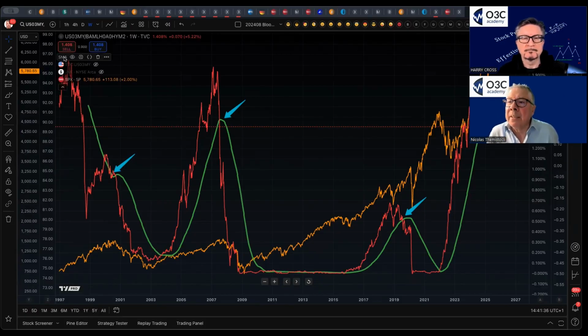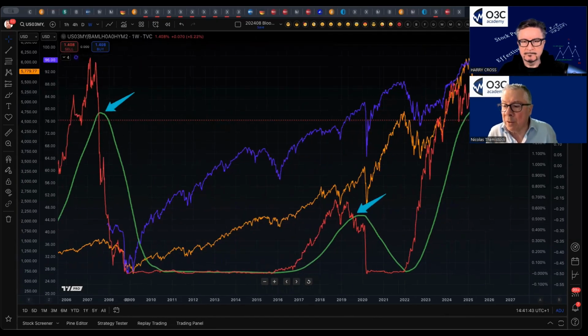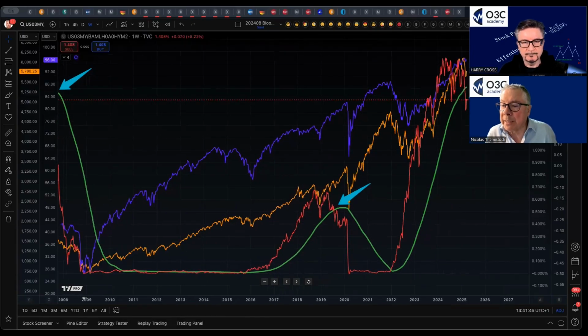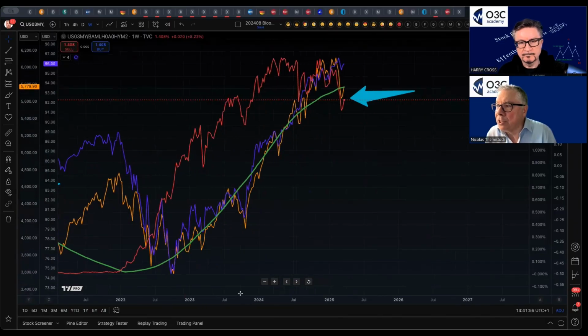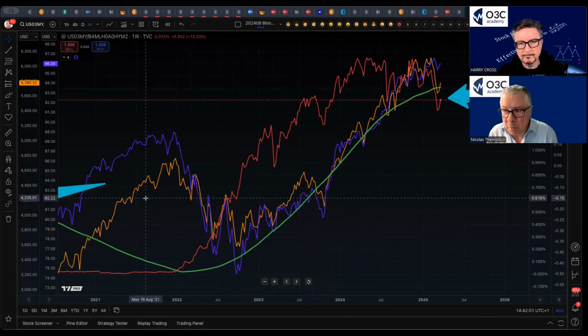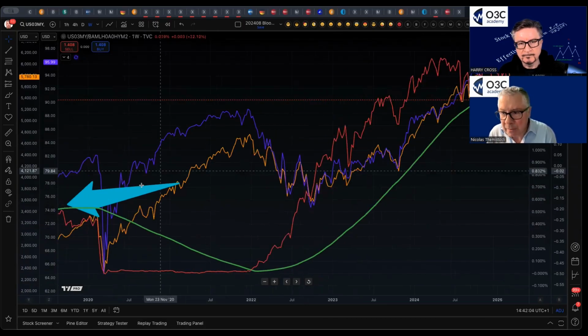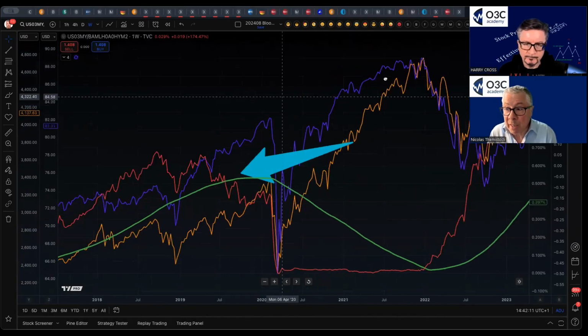The reason is that on previous occasions, and I'm going to put up the junk bond here in purple, of course, the history we've only got until the financial crisis in 2008. And what you see, if I zoom in, is that in previous times, when the blood indicator triggered, the price of junk paper was falling every time.